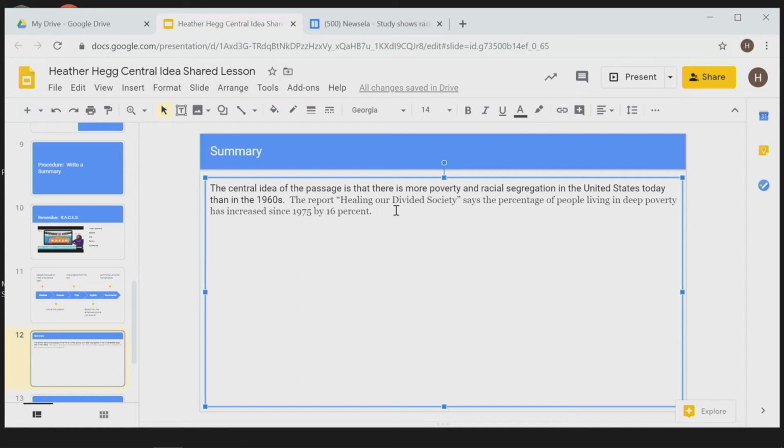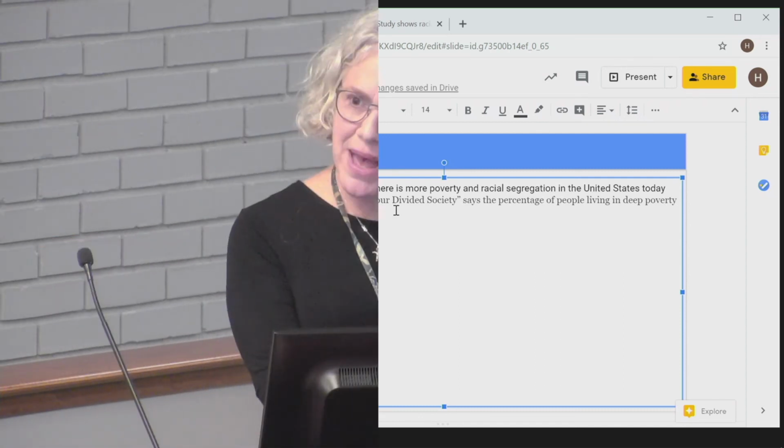And that affects the people's lives. Can you imagine it? More people are living in poverty and in troublesome housing than back in the 1960s. So we're going to explain why this is a problem.